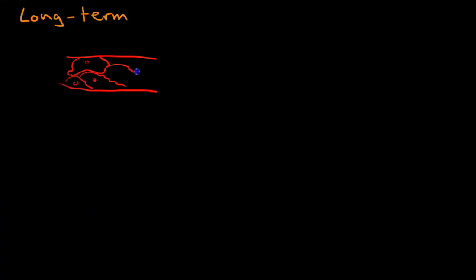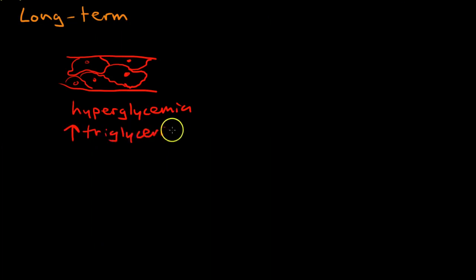And what happens with diabetes is that the hyperglycemia is actually directly toxic to these cells. And also, remember, glucose is responsible for the transport of all substrates into the cell. So along with hyperglycemia, we also end up with hypertriglyceridemia and cholesterolemia, because the cells cannot take up cholesterol, triglycerides, and other fatty acids into the cells.